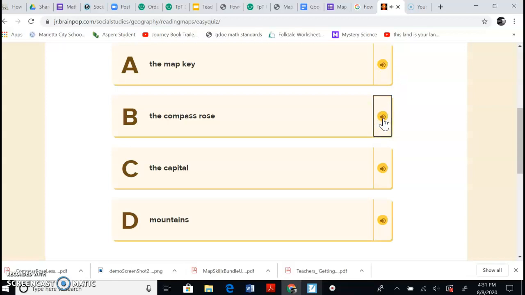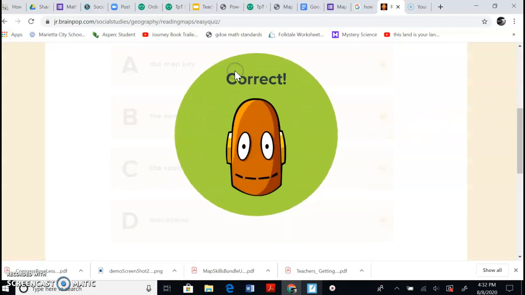Well, I know it can't be the compass rose because that's where north, south, east, and west are. It doesn't tell me about symbols. The capital. Oh, the capital doesn't tell me about symbols either. That's the one that has the star. Mountains. I don't remember hearing anything about mountains, so it can't possibly be about mountains. I think it might be the map key.